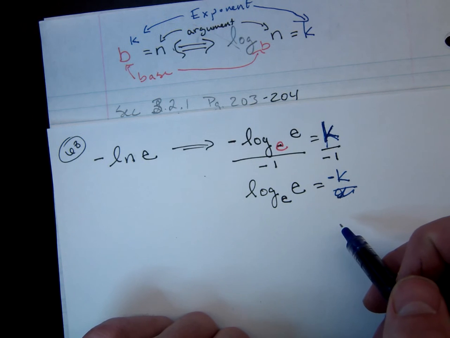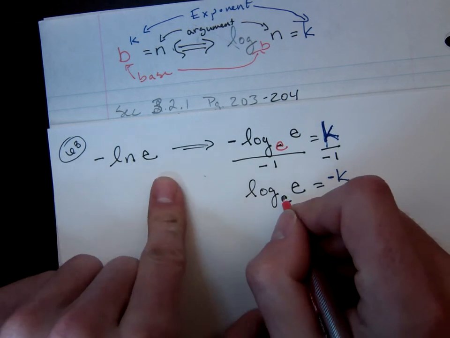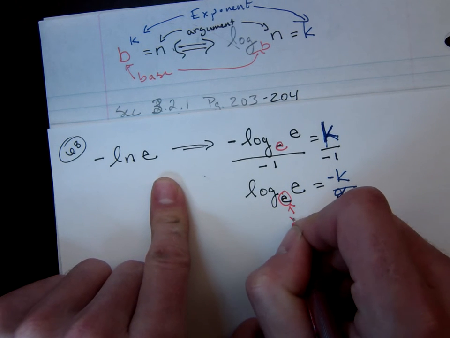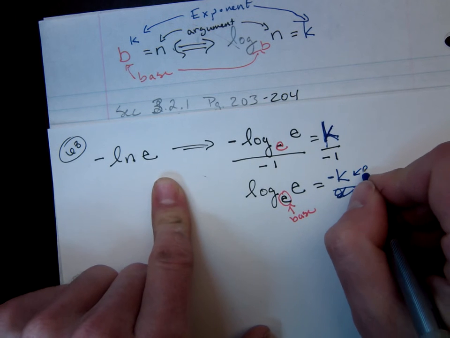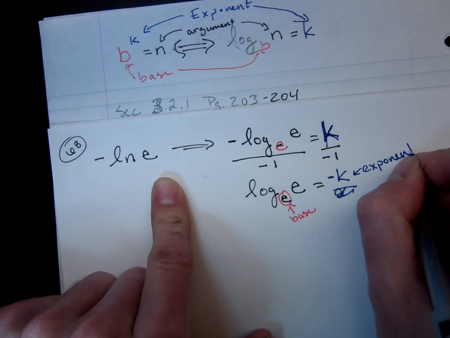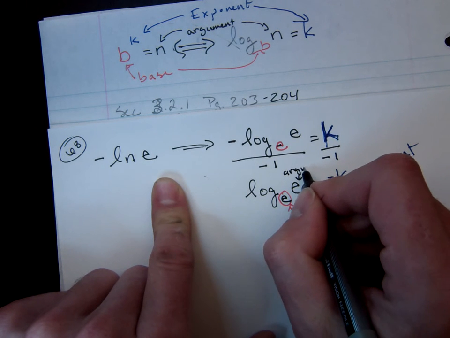They're still opposites. Now, based off this, I need to identify, well, this is my base, I have my exponent over here, and I have my argument right up here.